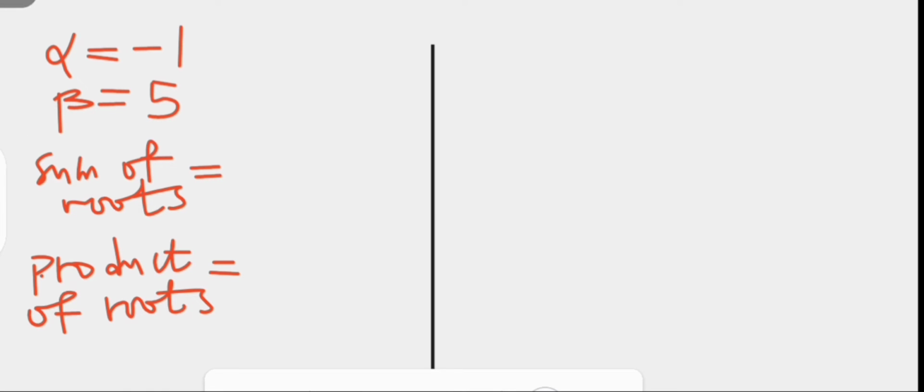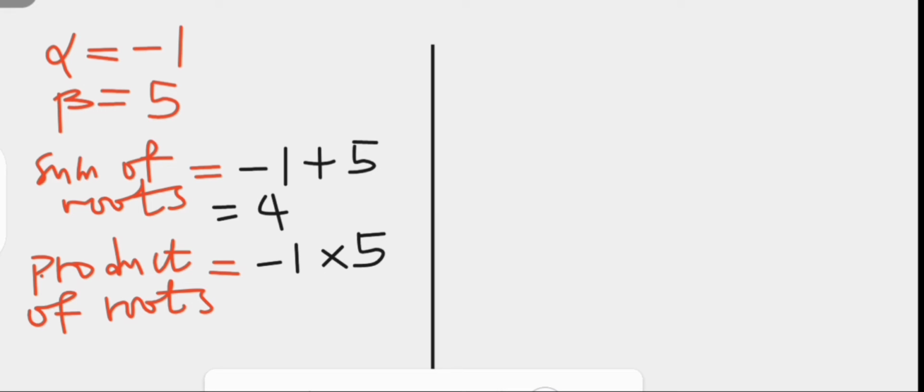The sum of the roots, alpha plus beta, will be -1 plus 5, which is 4, while the product of the roots is -1 times 5, which is -5.